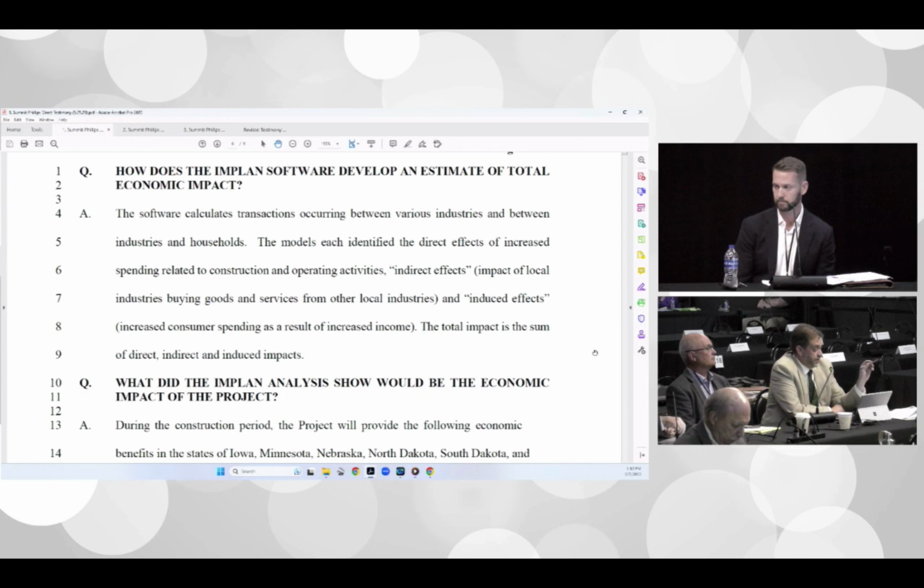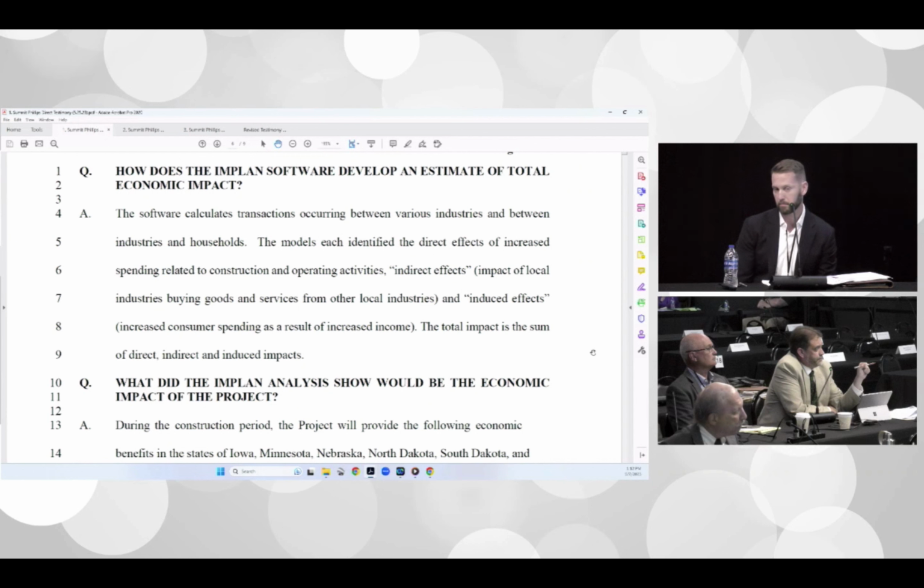So good, and that's where I wanted to head, as you could tell, and you anticipated me a little bit. But just for the record, what is a computable general equilibrium model? It is a system of equations that finds a new economic equilibrium after a shock.